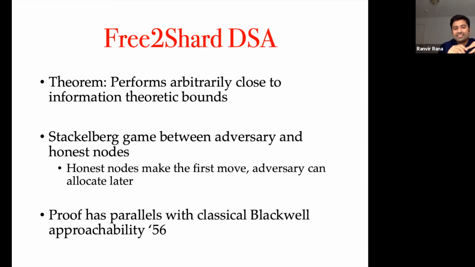And we model this as a Stackelberg game between adversary and honest nodes, because we assume that the adversary can always view what steps honest miners are going to take beforehand, before making its own move. And the adversary can reallocate instantly to new shards. And the proofs of this have parallels with the classical Blackwell approachability problem.